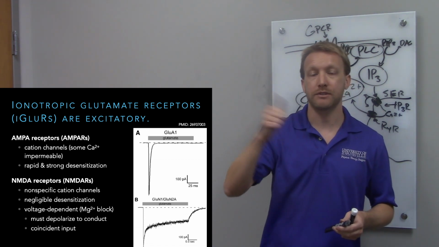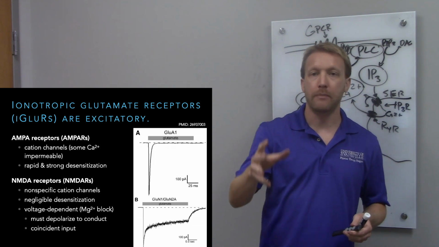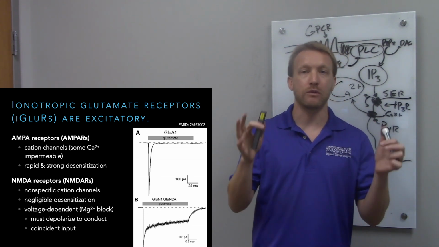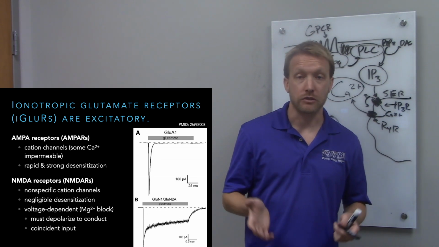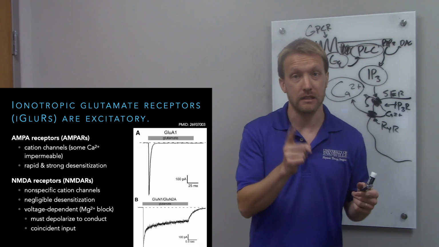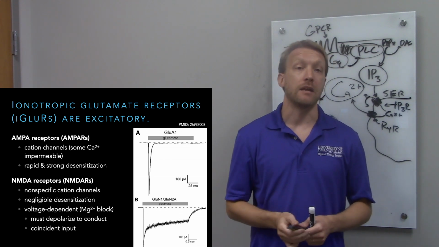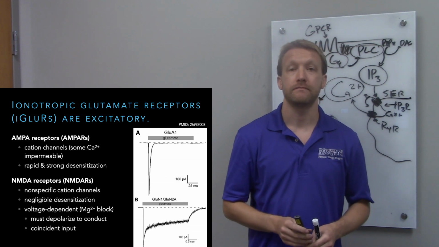We have AMPA receptors. That's your fast postsynaptic excitation. That's what it's there for. These are not blocked by magnesium, so they're always available to work unless they've just worked recently because they rapidly desensitize. NMDA receptors, on the other hand, don't really desensitize.